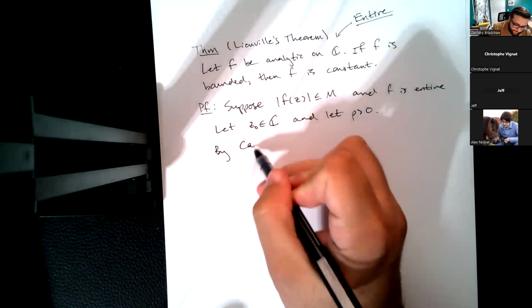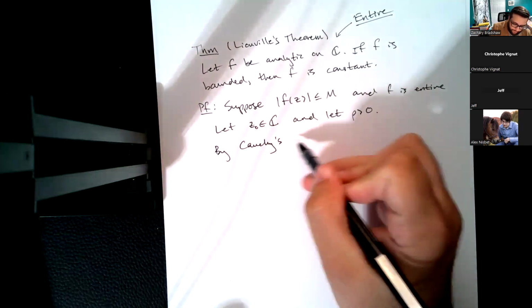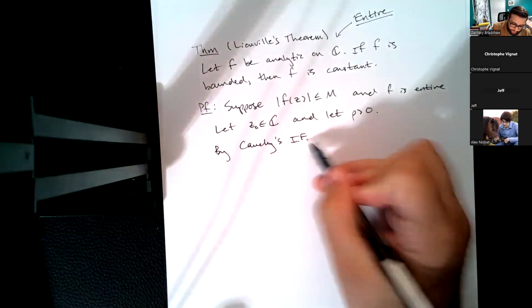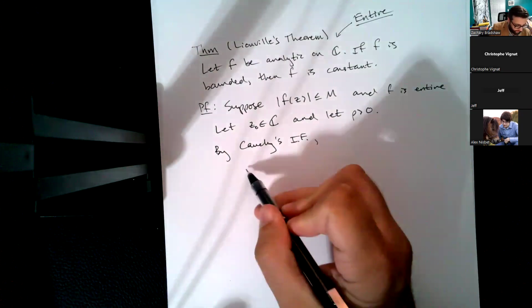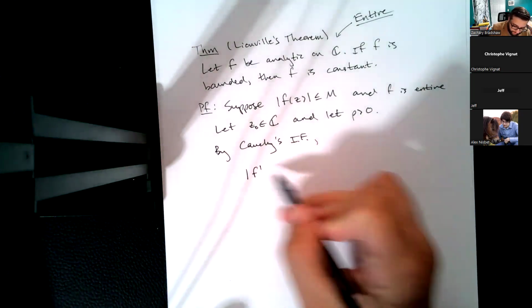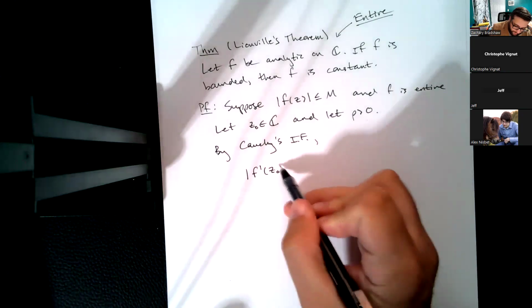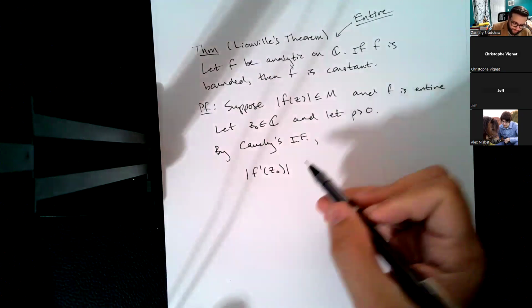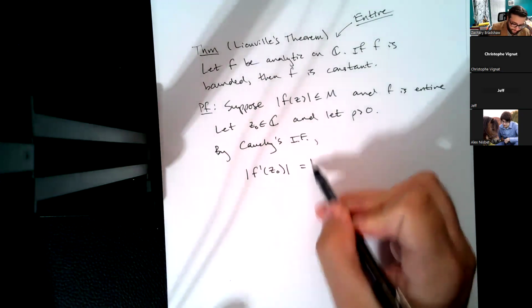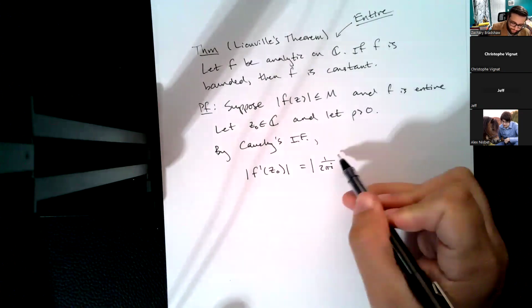By Cauchy's integral formula, we know that the magnitude of the derivative at z0 is, well, we just plug in Cauchy's integral formula here.